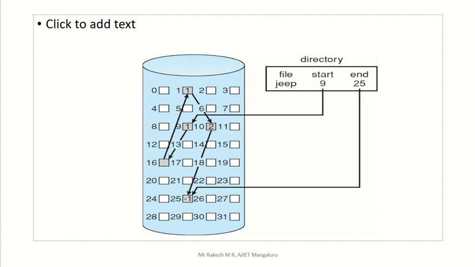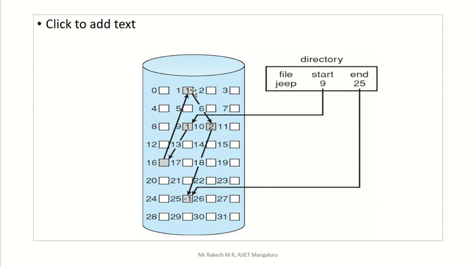Okay. So how to store that? Here in 16, one part of the file is stored, right? Like that, we have to store another piece of information in the 16th block. What is that? The first block address is stored in the 16th block. With the file information, we have to store the address of the next block also. By that, the file information continues in the first block.